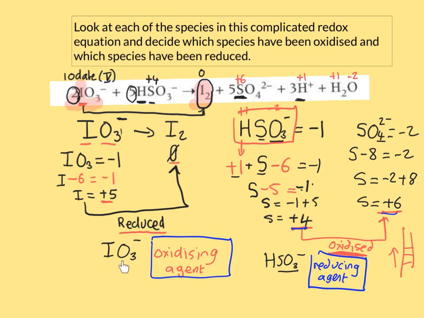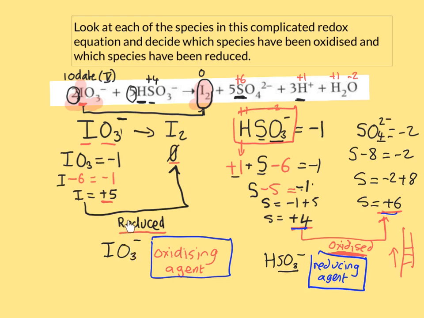The oxidizing agent, the species that's taking the electrons, is the iodate, and the reducing agent, again appearing in the reactants, is the HSO3 minus ion.